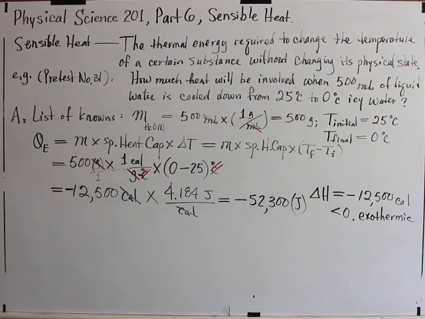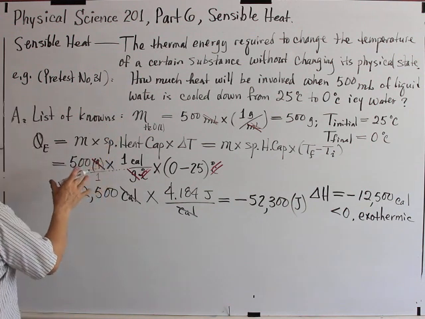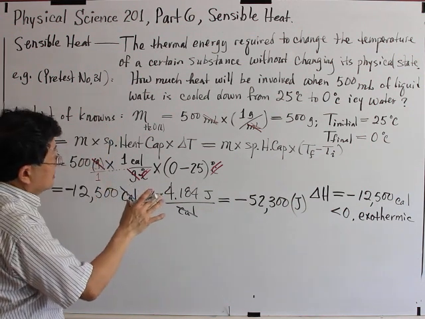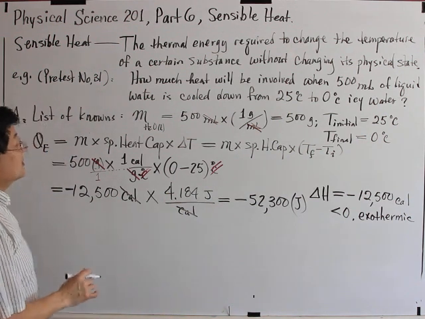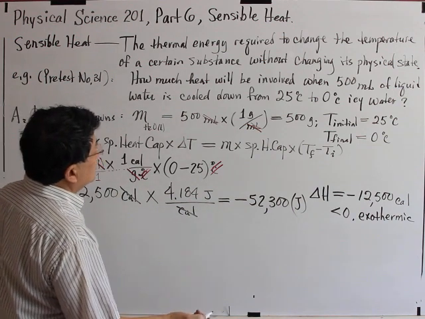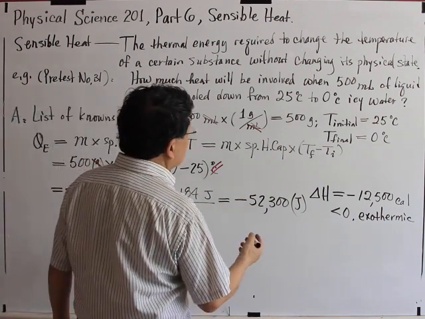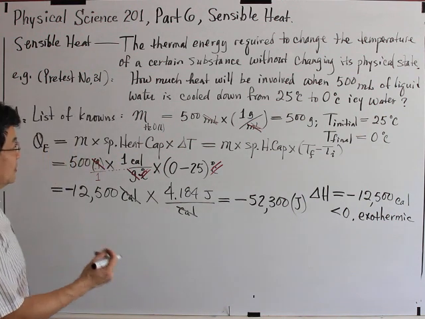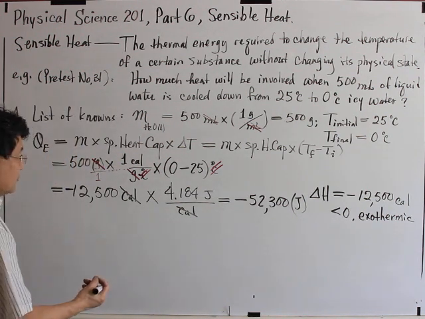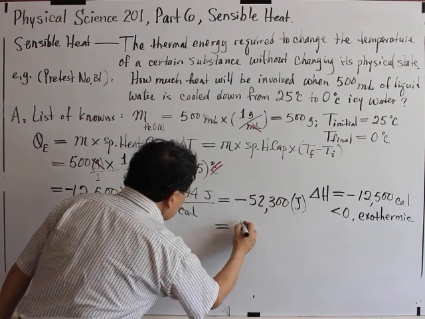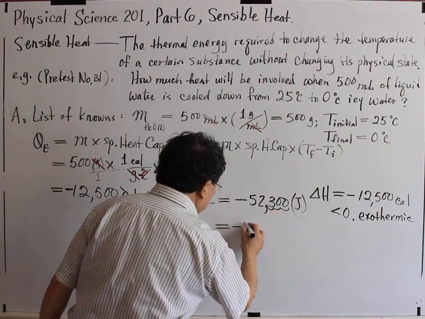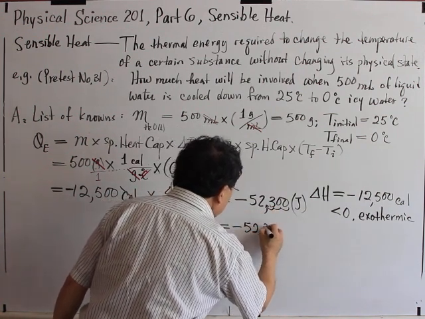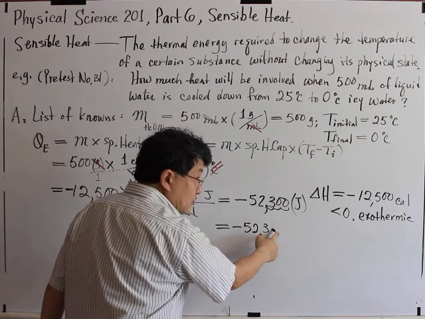Now, in my pre-test problem, I asked you to calculate the energy involved for this process in terms of scientific notation. If you have to put it in scientific notation, let's limit it to 3 significant figures. So the scientific notation would be negative 52.3, 3 significant figures, you don't put 0 behind the decimal point.